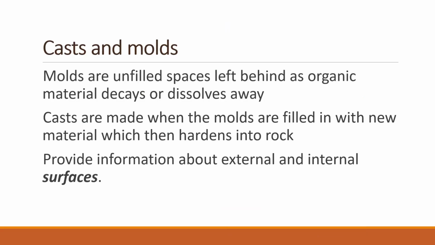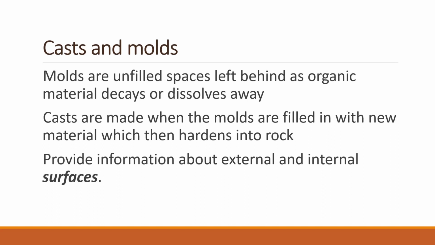Casts and molds. Molds are unfilled spaces left behind as organic material decays or dissolves away. Casts are made when the mold is filled in with new material, which then hardens into rock. This can provide information about external and internal surfaces. So, for example, we can see the structures of the organisms. An example of a mold would be the cavities that were left by the bodies in Pompeii after the volcanic eruption.